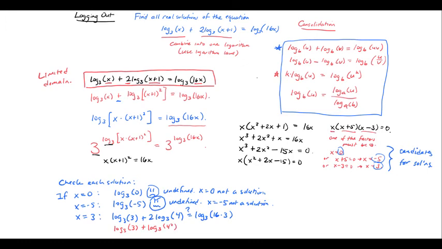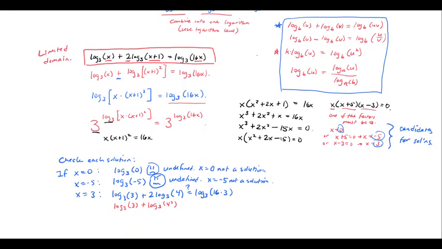And then if I move that up a little bit, that is equal to log base 3 of 3 times 4 squared, which is log base 3 of, what is 3 times 4 squared? That's 16 times 3, that's 48, which, hey, that's the same thing as this. Those are the same. So this solution checks out.